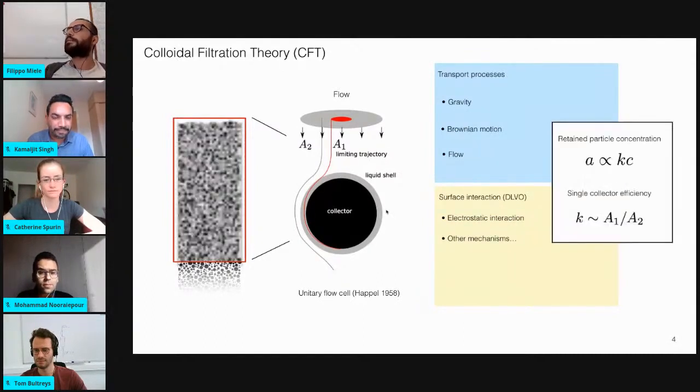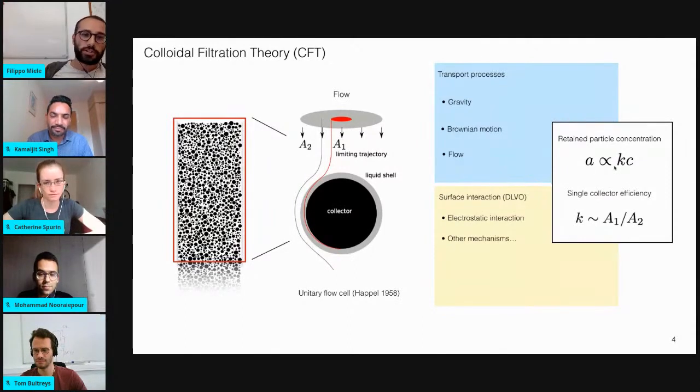Now, in this framework, the concentration of the retained, so attached, particles, named A, is just proportional to the concentration of the still flowing particles, so the suspended particles, here named C. And the attachment rate, so the constant that gives you the retained particles, is nothing else than the ratio between the two areas, A1 and A2.